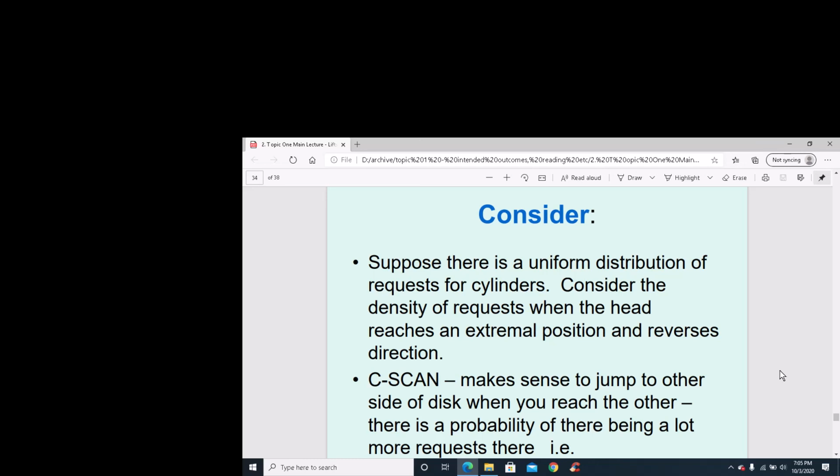The chances are that there are going to be far more requests pending at the top of the building than at the bottom. The reason is that you've just arrived at the bottom of the building, and therefore you have serviced all requests that were present close to the bottom of the building.